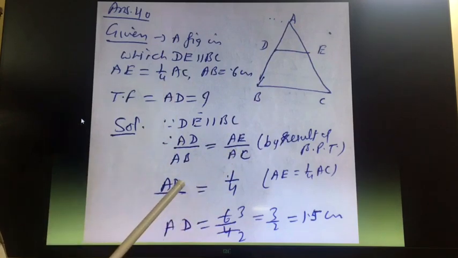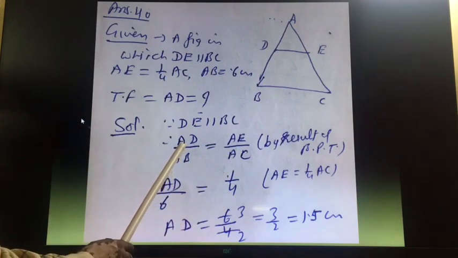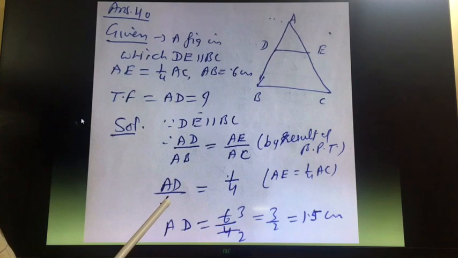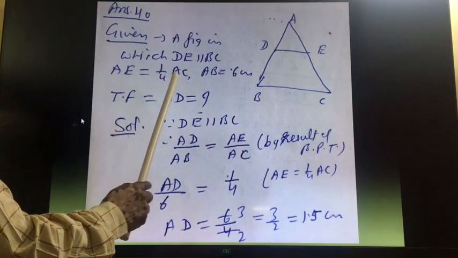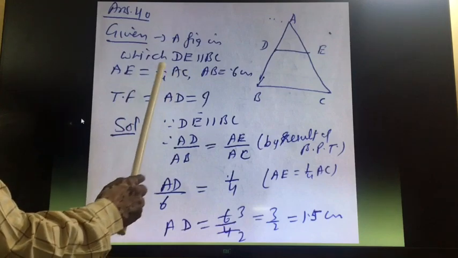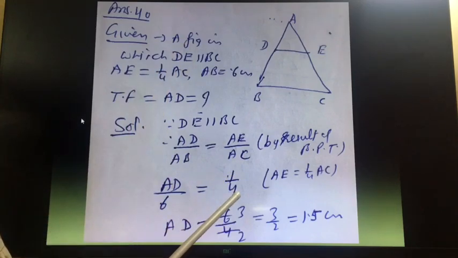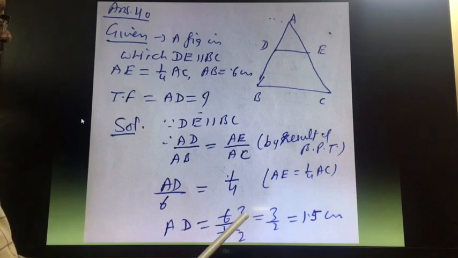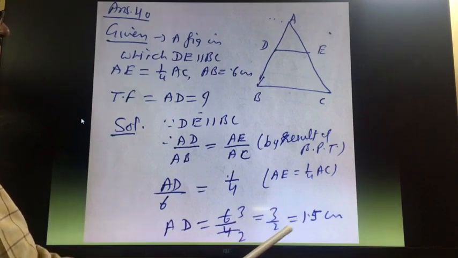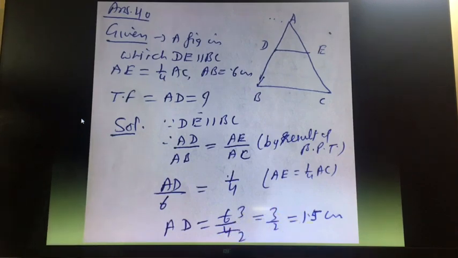Right? After this, AD we want to find out upon AB, 6 is given, and AE upon AC from this we will get AE upon AC will be equal to 1 by 4. So here we will write 1 by 4, and after this cross multiply. So 4 into AD is equal to 6. So AD is equal to 6 by 4. This is equal to 3 by 2, and 3 divided by 2 is 1.5 centimeter.